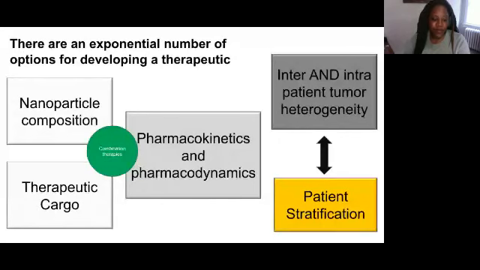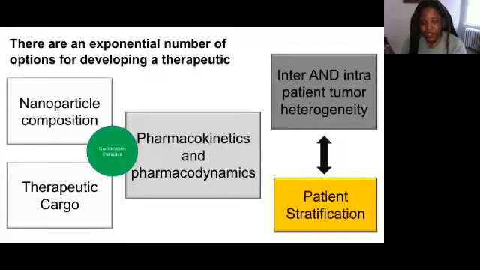Are you going to combine that with a nucleic acid therapy like siRNA, mRNA, DNA, or maybe some other small molecule inhibitor? There are all those combinations, including monoclonal antibodies. And then you can think about how those things affect the pharmacokinetics and dynamics, as in what does it do once it's in the patient's body?